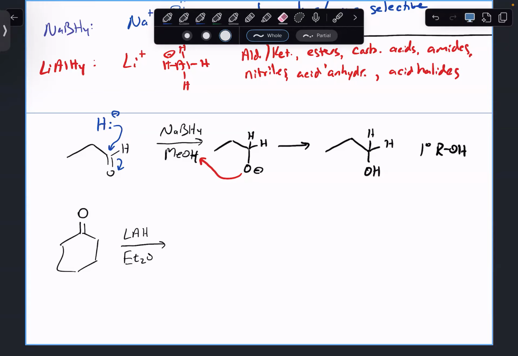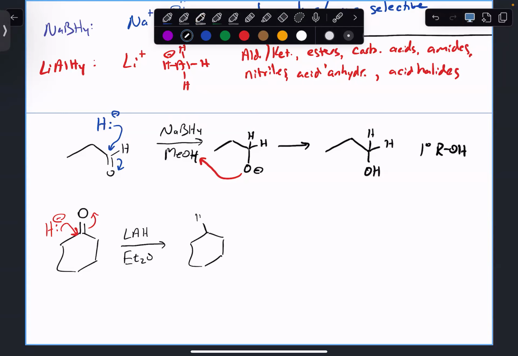But again, mechanistically, it's pretty much the same. So you can think of LAH as H minus. And again, it's just going to come in and attack the carbonyl and generate an alkoxide. The only difference here now is that I don't have a protic solvent that I can protonate the O minus with.